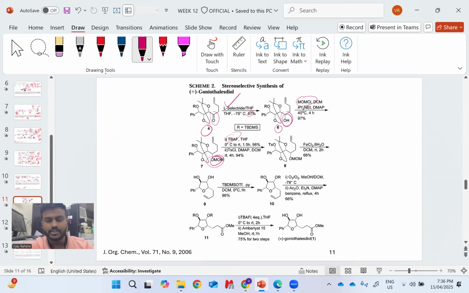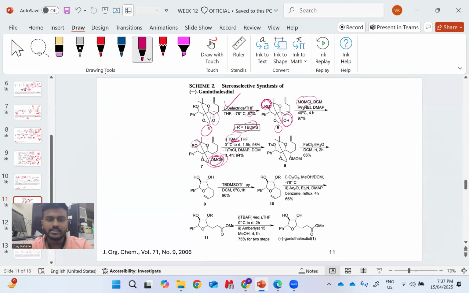So here it is protected, but here they have added TBAF in THF. So I'm not sure in this condition whether the MOM group is stable or not. And then in the next step, they have added TsCl, that is this OR group. Oh, all right, sorry. This MOM chloride is stable with the TBAF, but this R is the TBDMS, that is the silyl group, right?